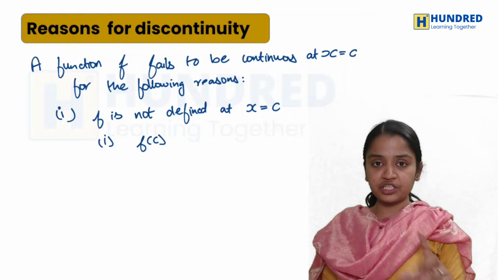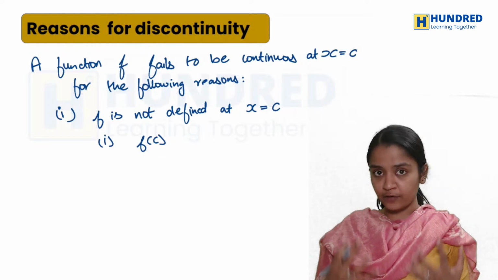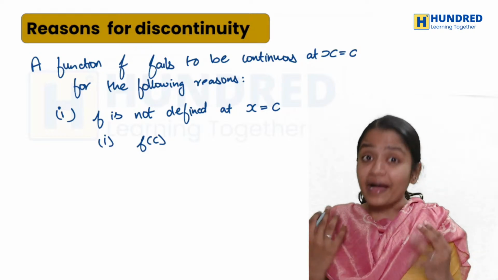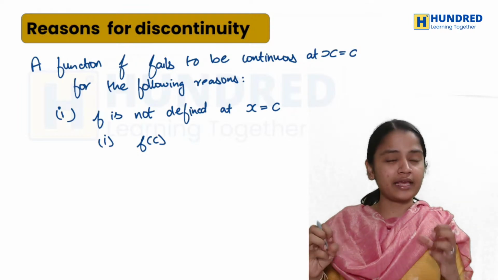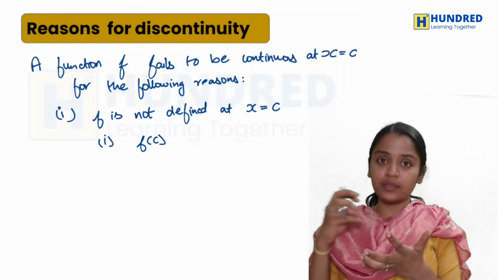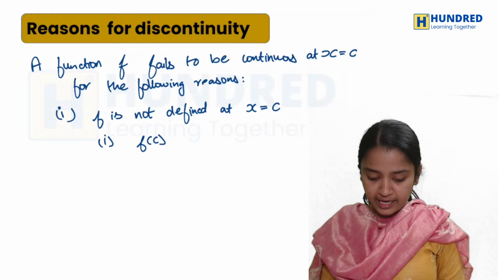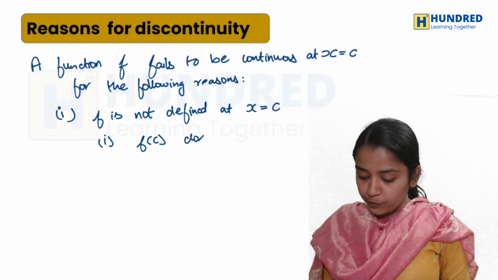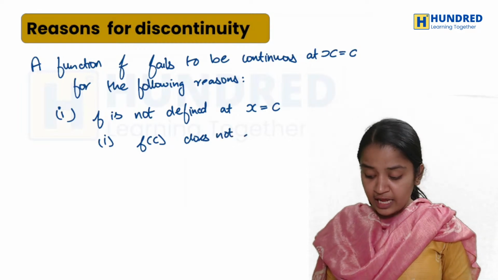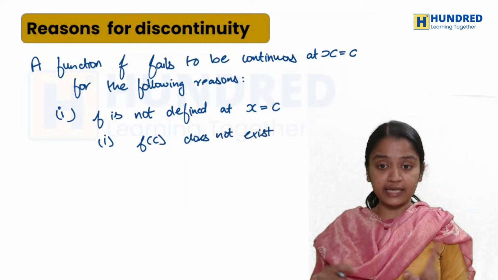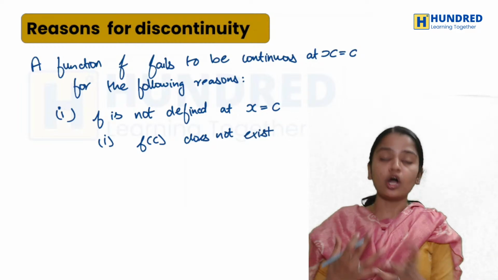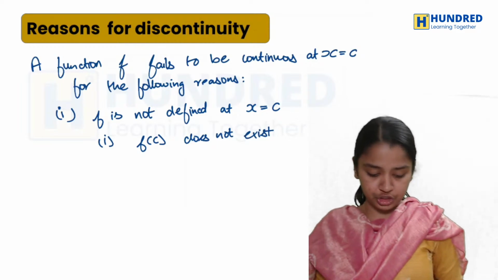If you cannot find the function value at the particular point, then you say f(c) does not exist, and your function is discontinuous.